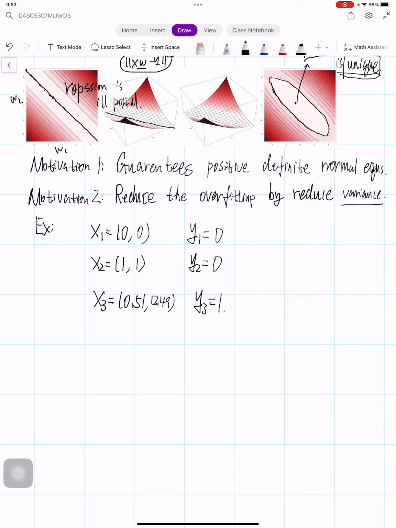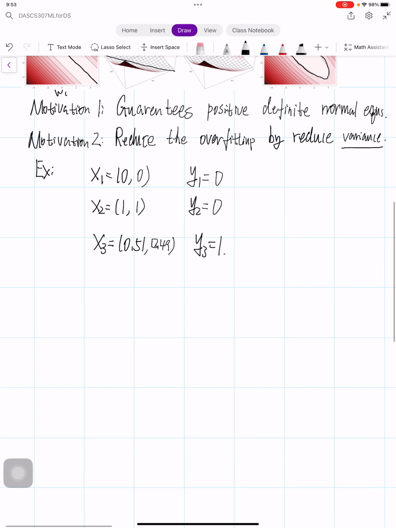In this case, the linear regression gives a perfect fit.